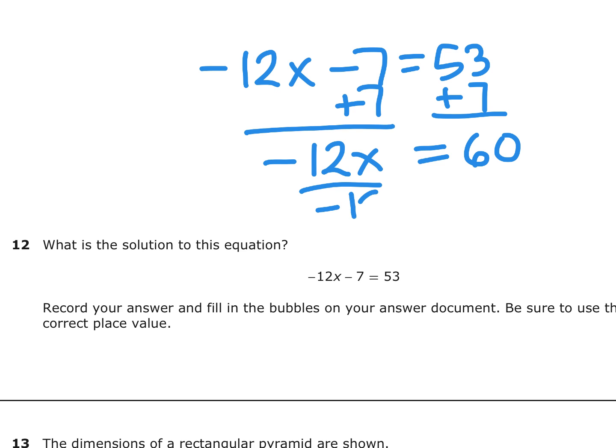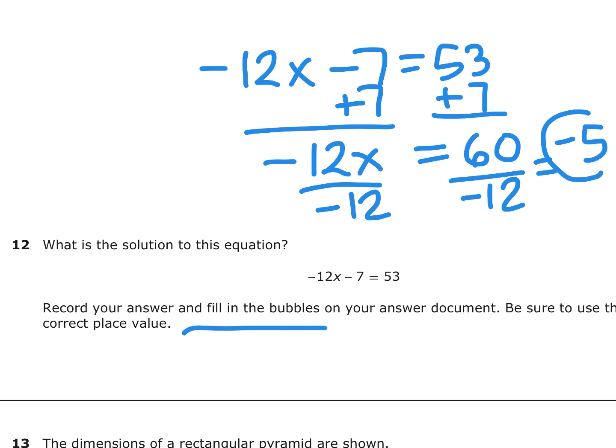If you divide by negative 12, the answer is going to be a negative what? 60 divided by 12 is 5. So the answer is a negative 5 for this problem. And so you'll fill in, don't forget the negative, you record your answer and fill in the bubbles. The answer was a negative 5 for this problem.